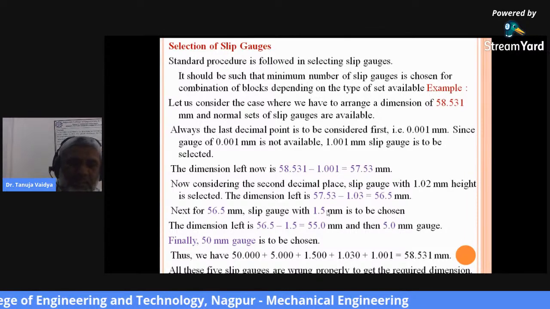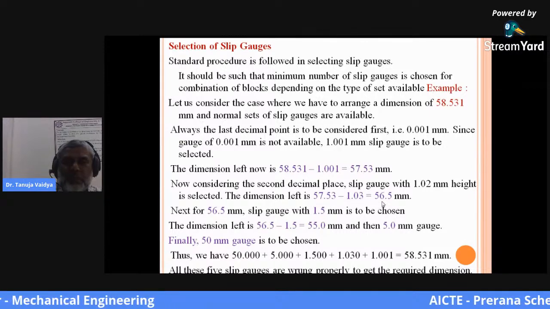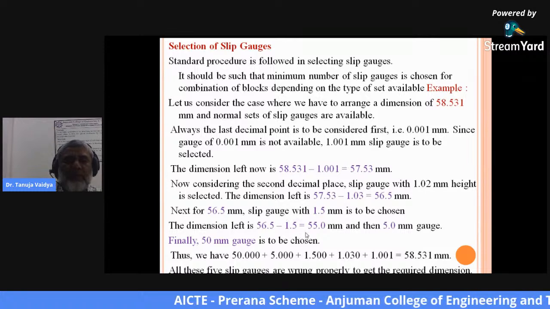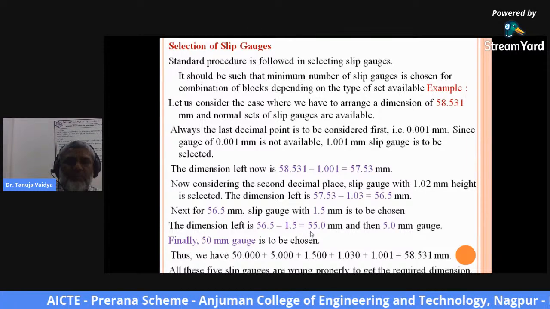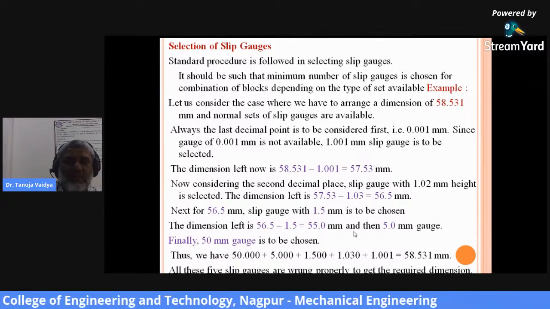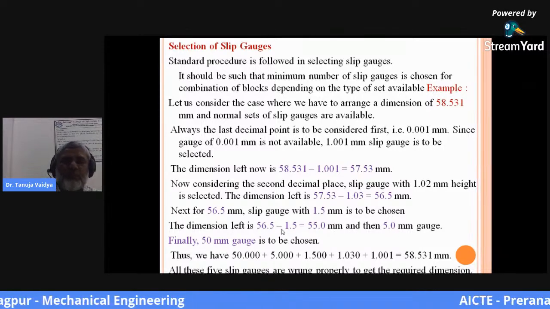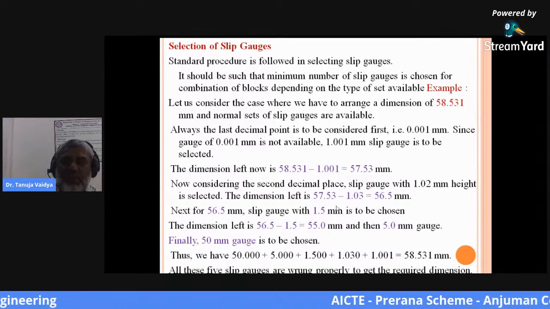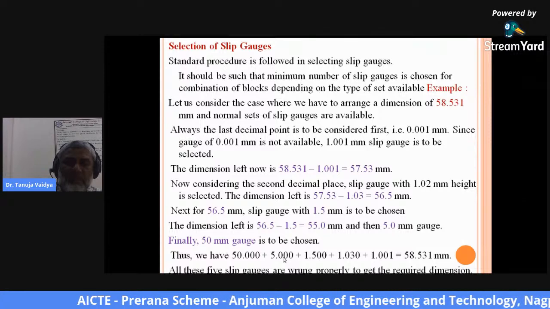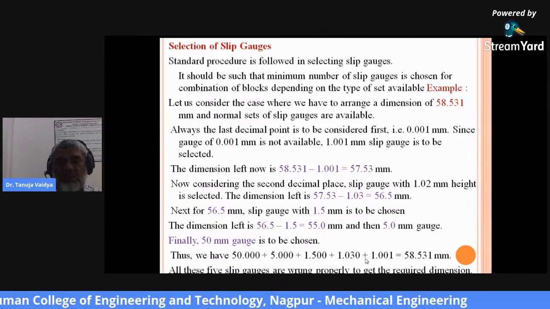The next, or third, slip gauge which you are going to select will be 1.5, because this 0.5 has to be removed, and so 56.5 minus 1.5 will provide you 55 mm. Then a 5 mm gauge and finally a 50 mm gauge are to be chosen, so the gauges chosen to get this 58.531 height are 50 mm plus 5 mm plus 1.5 mm plus 1.03 plus 1.001.